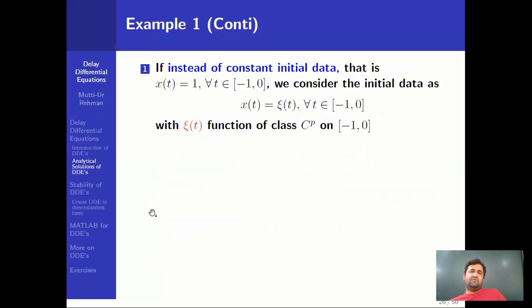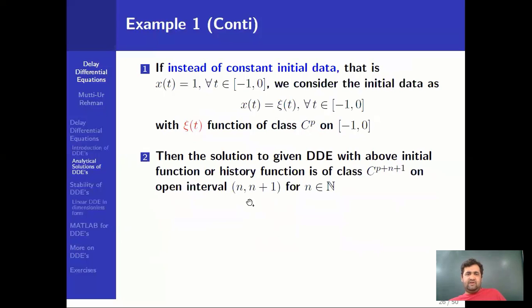Okay, so now rather than a constant history function, I can have basically a history function which is of this particular class. Okay, and this particular interval. So I have a history function which is this guy.